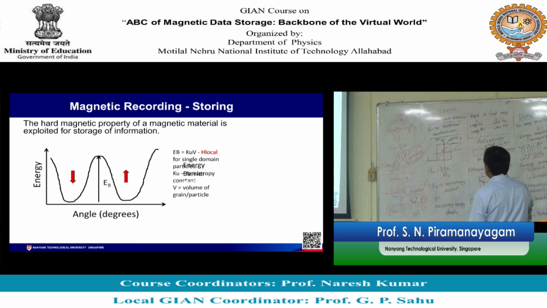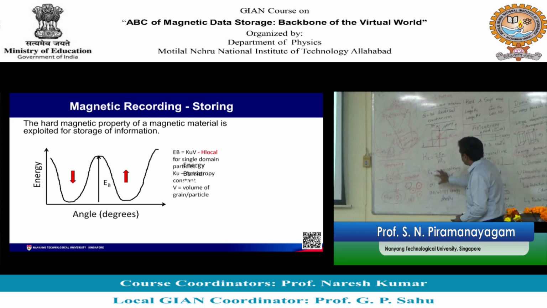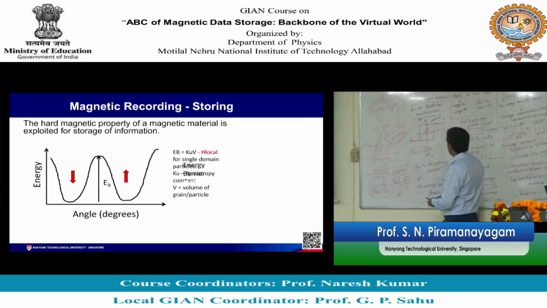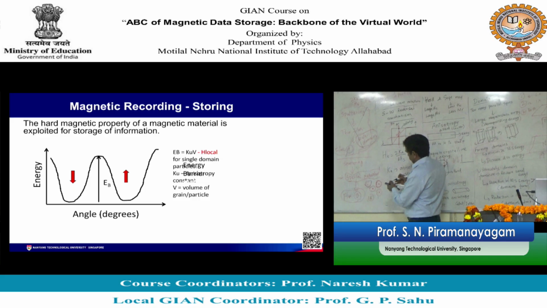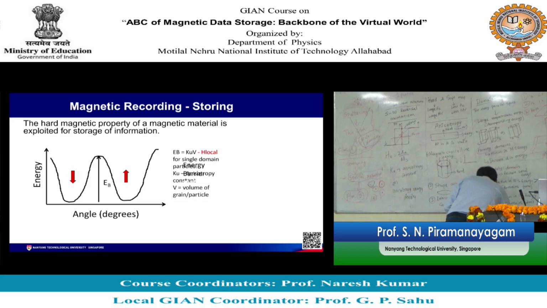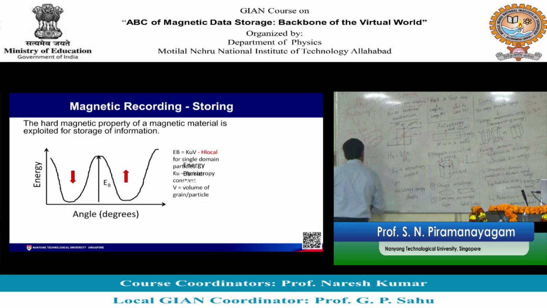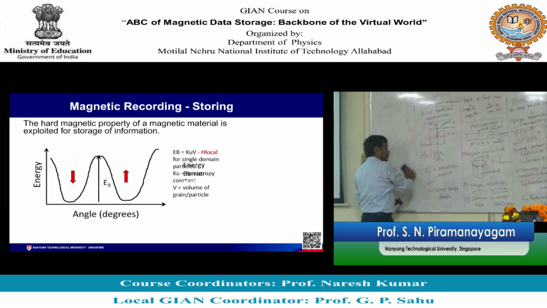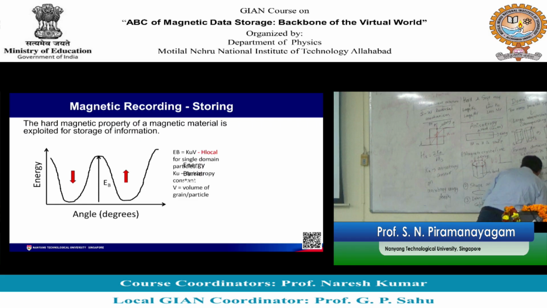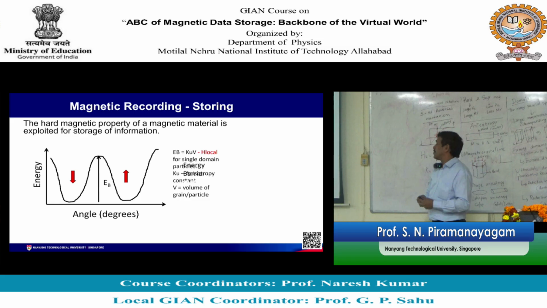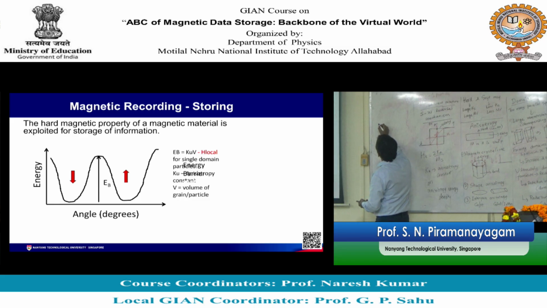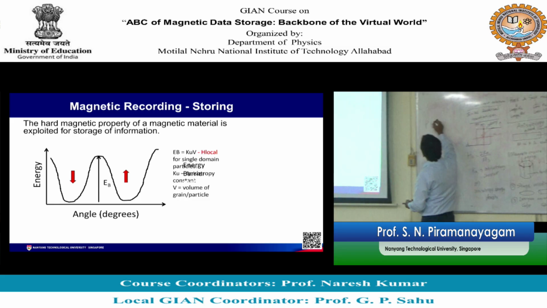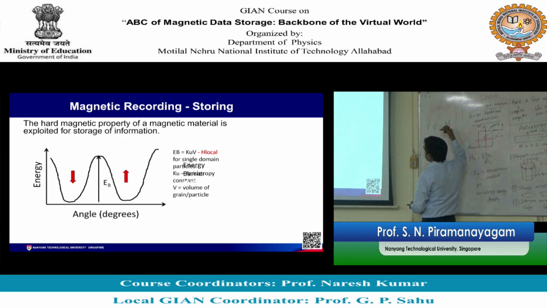So, what it means is that when we talk about density of materials, right, when you multiply density by volume, you get mass, right.